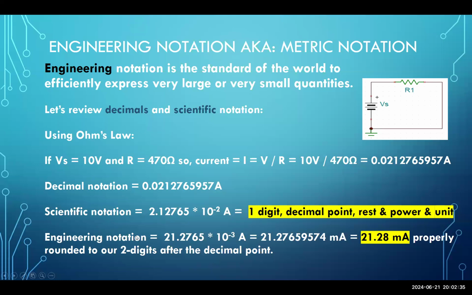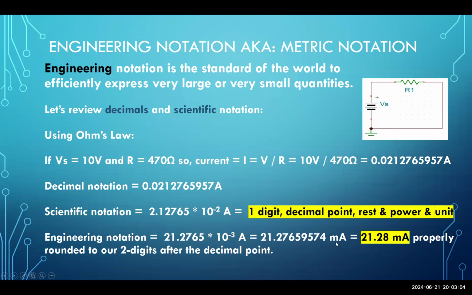Now, engineering notation works a little more sophisticated in this fashion: if we have this value calculated, this works out to be 21.27 times 10 to the power of negative 3. I'll show you how to do this on your calculator. This works out to be milliamps. A 10 to the power of negative 3 is milliamps.